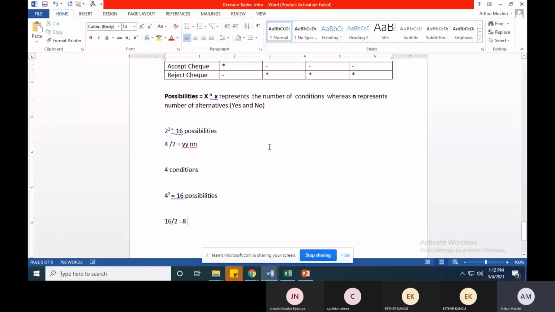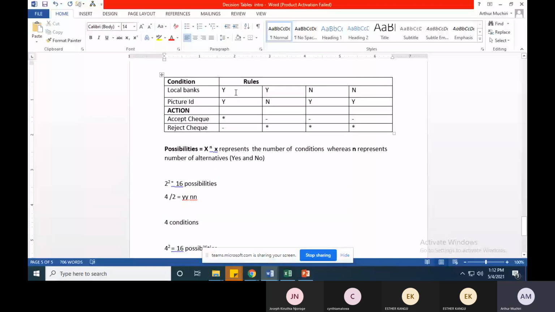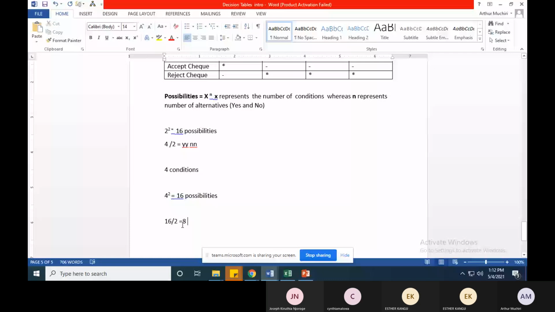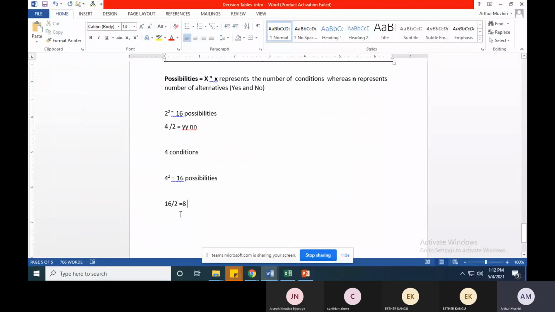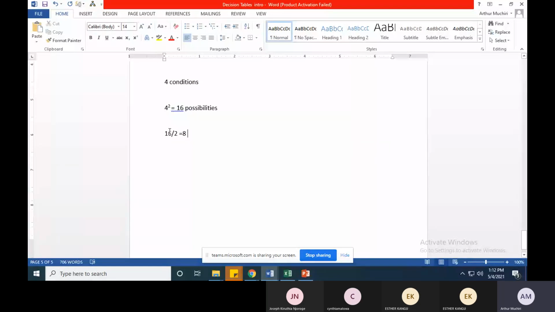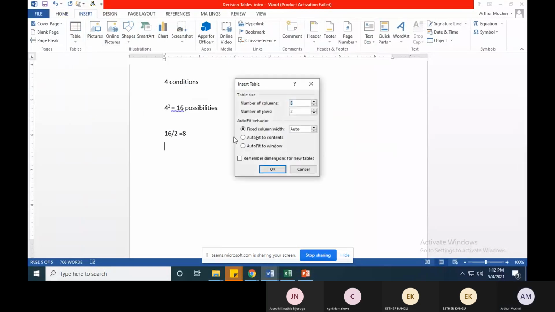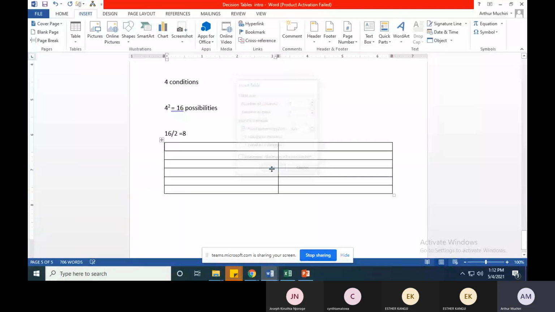What does this mean? It means that the first row of the rules will have 8 yeses and 8 nos. So can we draw that? Let's try and draw that table. Insert table, and then how many columns? Let's say 2 columns and several rows.